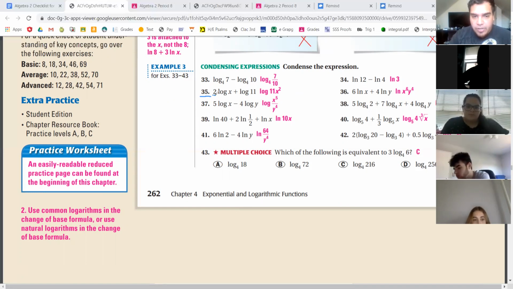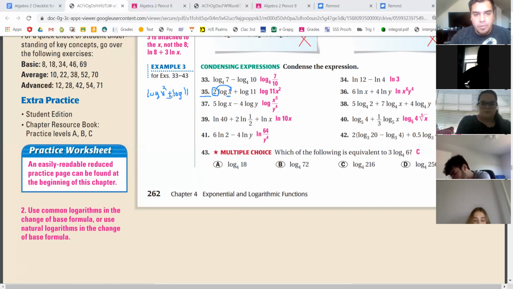There's a 2 in front of the log x. When there's a 2 in front, we do the reverse. When it was on top, we put it in front. Now it's in front, so we put it on top. So it's going to be log x squared plus log 11.